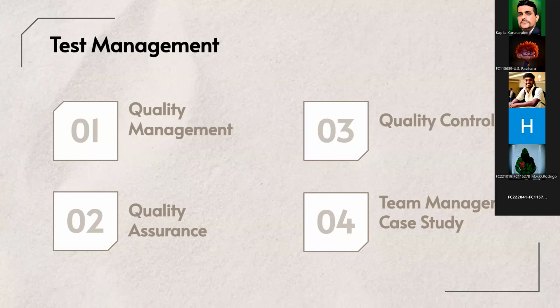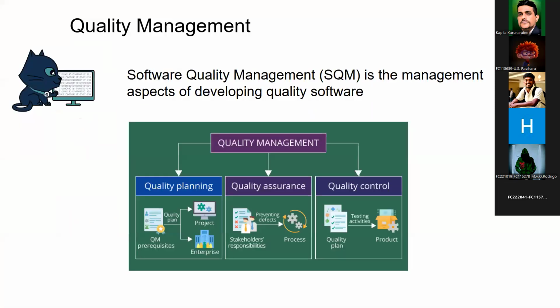This is based on the Project Management Institute, which has developed its own quality management framework. Based on that, quality management can be divided into three areas. One is quality planning: how we are going to plan the project and manage the quality overall. Then quality assurance: the process and how we are going to do it.